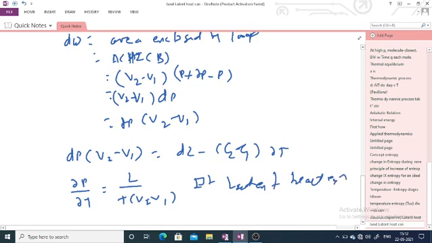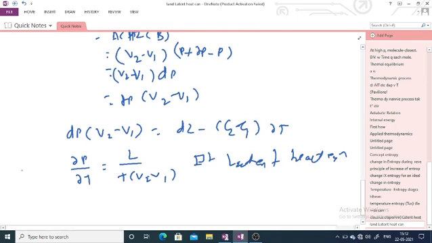From this we rearrange the terms: dT moves to this side, so we get L dT divided by T, and (V2 minus V1) moves to the other side.